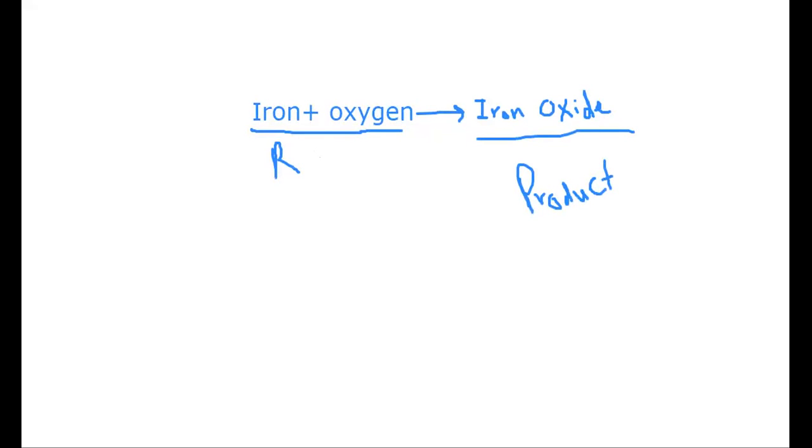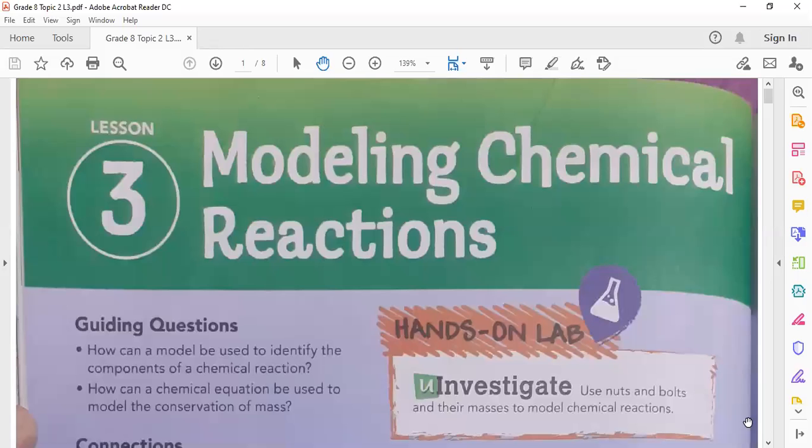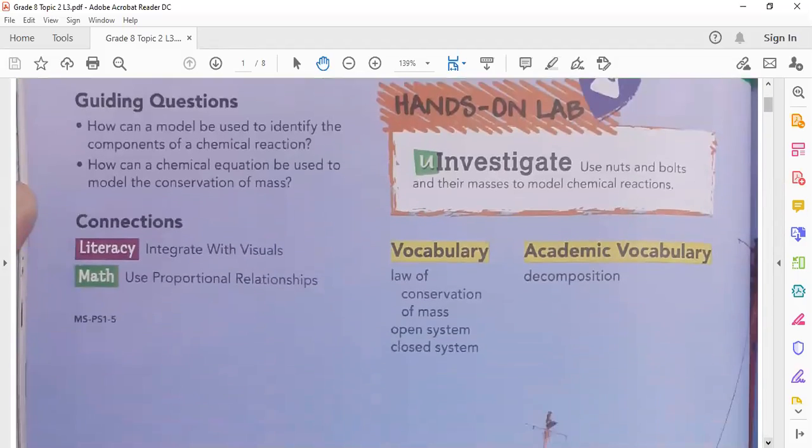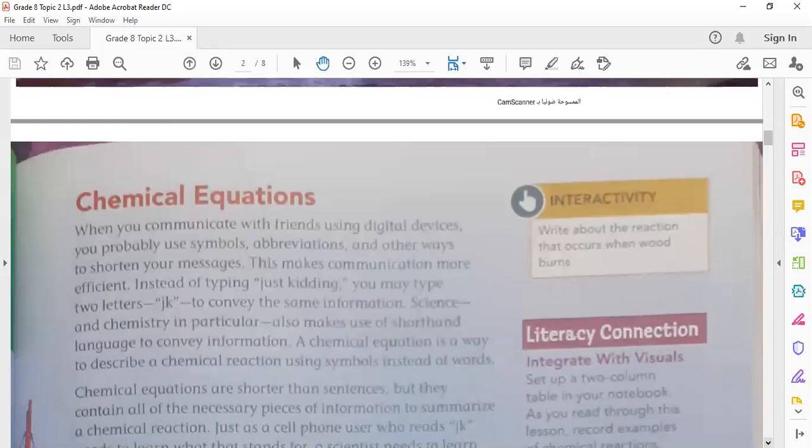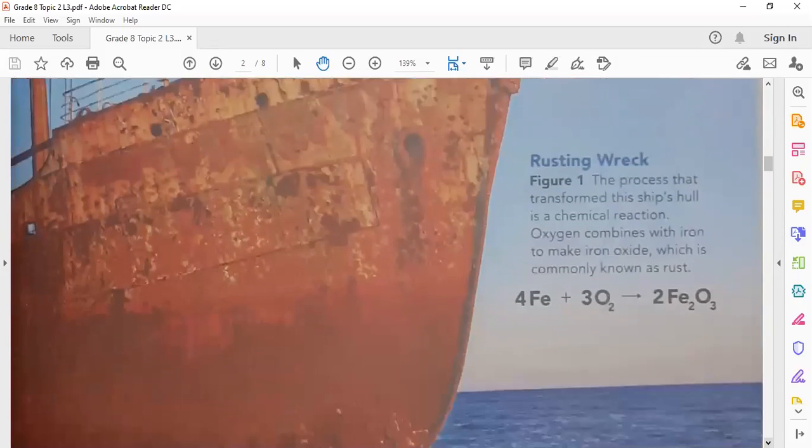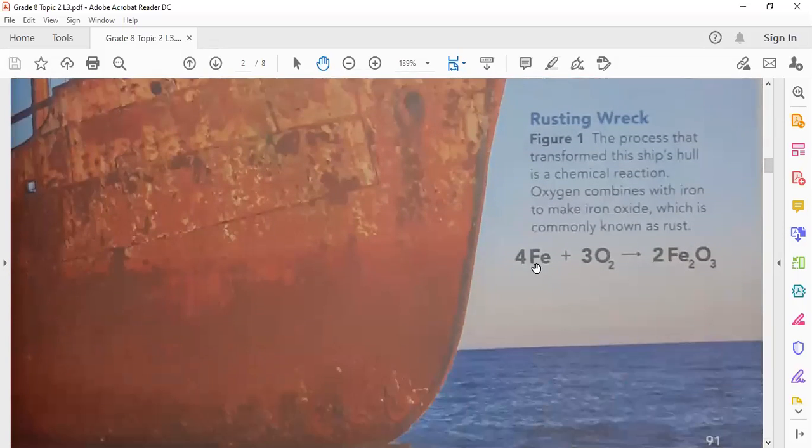Look here, please. This chemical reaction can be modeled or represented like this. Fe means what? Iron. O means what? Oxygen.